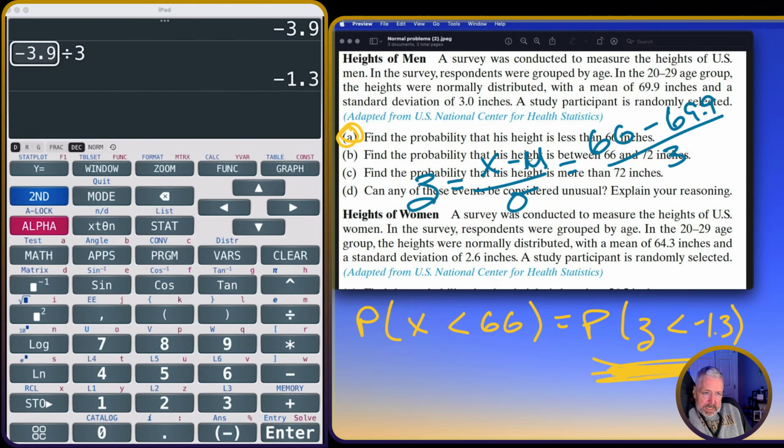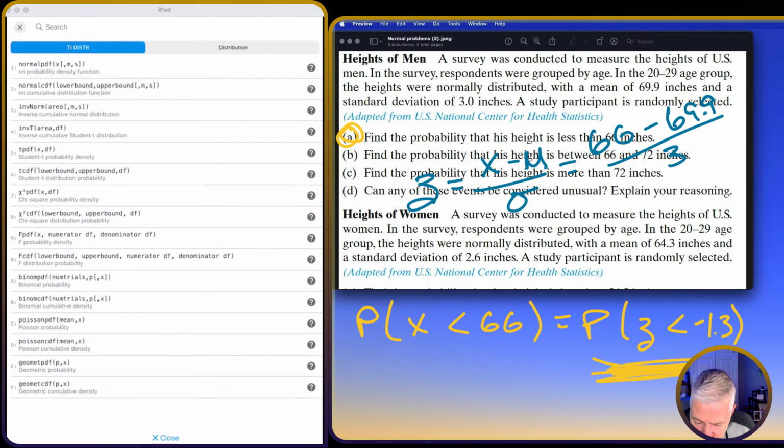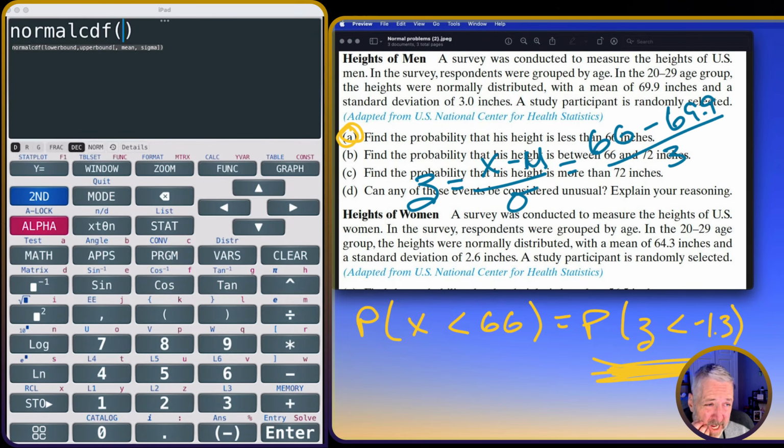The probability that z is less than negative 1.3, which is equivalent to the probability that the x value is less than 66, or the probability that one selectee has a height that's less than 66 inches. All right, so let's go second vars, normal CDF, and we're going less than, so we're going to go all the way to negative infinity, which in the case of my class, I just have folks take it out to negative 10.